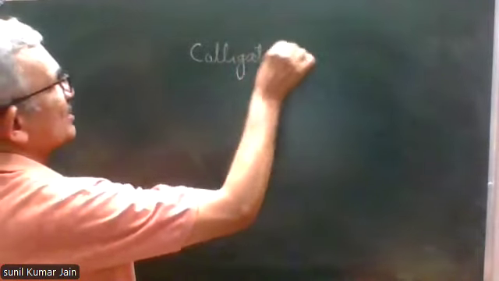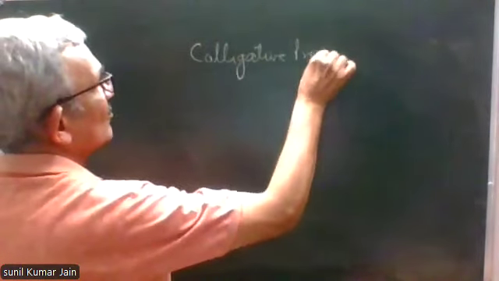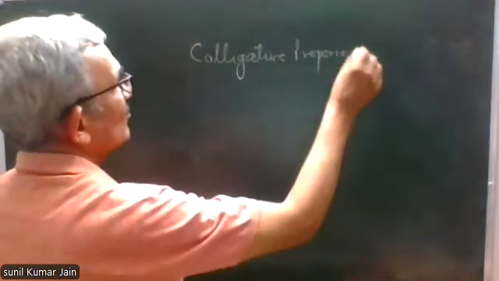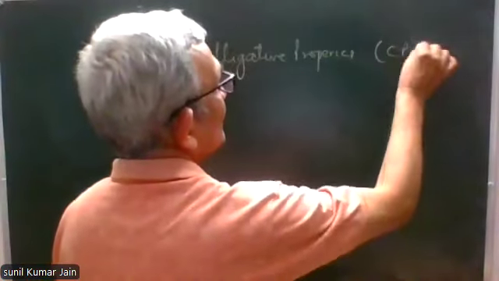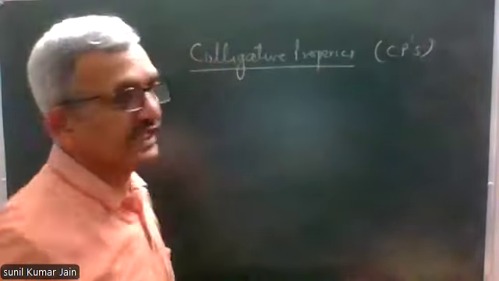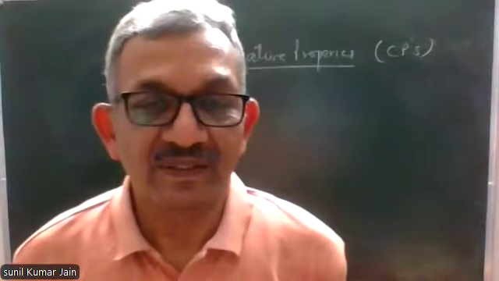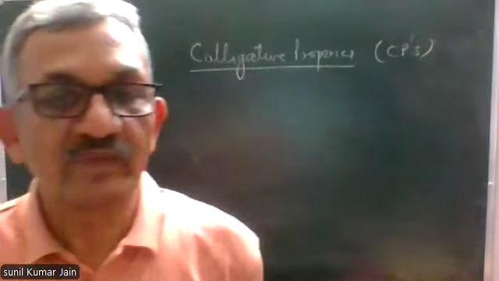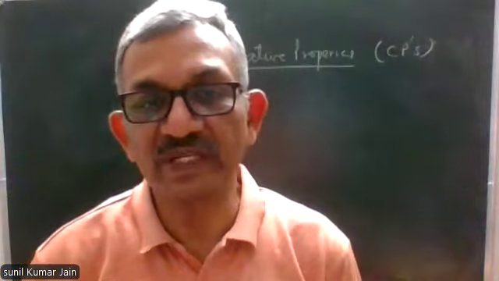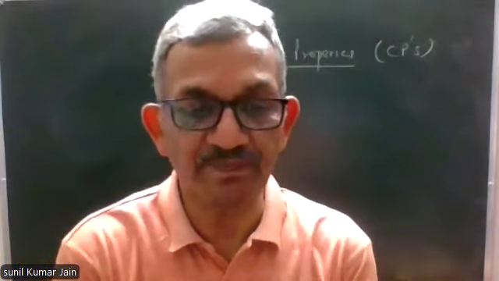Colligative properties. Again, I'm just trying to save time. We'll have to write colligative properties many times. Please write CP and save time.